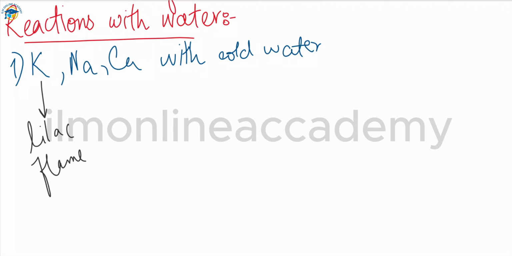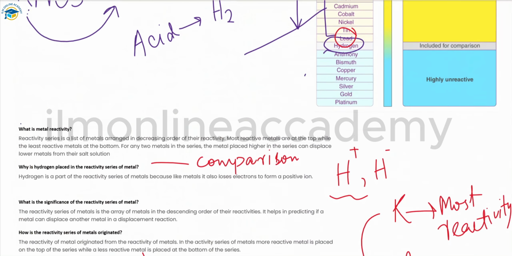It will also ignite, and sometimes at the end of this reaction a small explosion will occur also. Potassium will have the most violent and most vigorous reaction with the cold water, since it is at the top of the reactivity series.